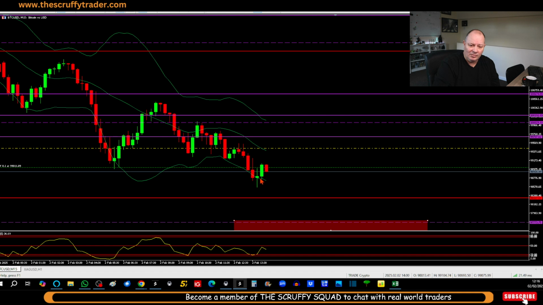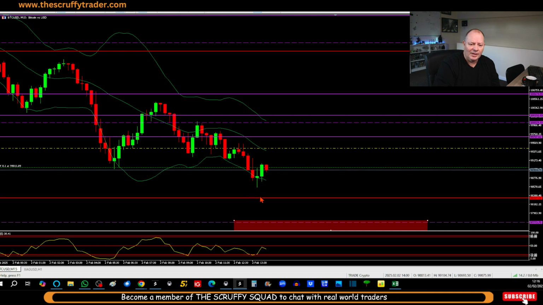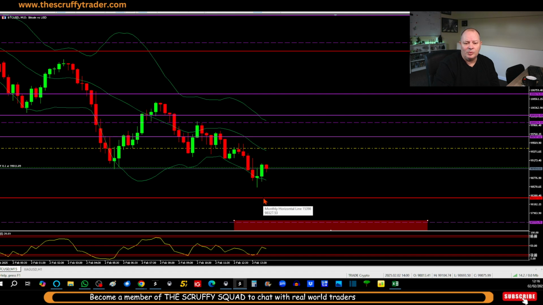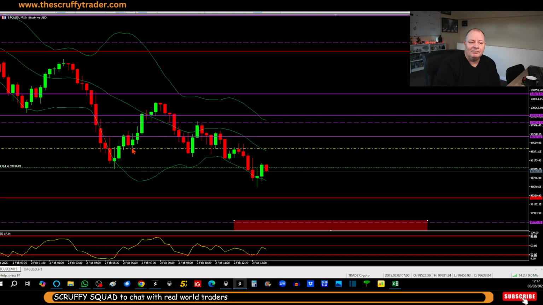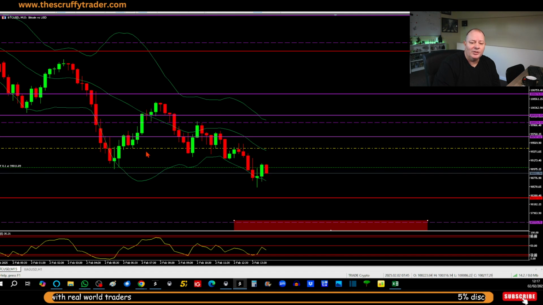So I'll buy a bit more here, buy a bit more here, bit here, and then last one probably on this level for a bounce. That way I can manage the trade and essentially get better pricing and reduce the exposure but increase the upside at the same time, working on the chart. Hope that makes sense. Let's play it out.